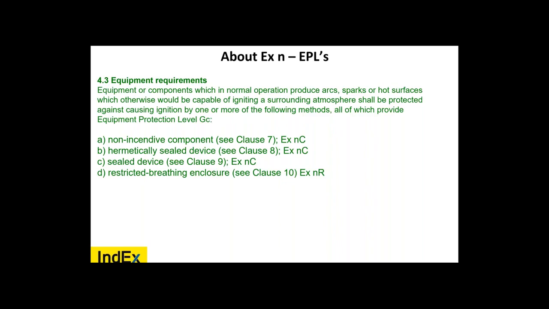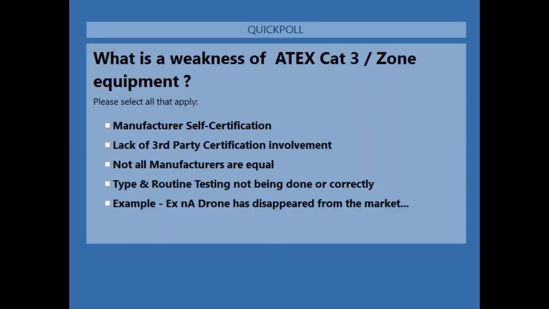Now, let's ask you a question. What is or are the weaknesses of ATEX Category 3 Zone 2 equipment? Multiple choice. Read the fifth one. That's an interesting case. There used to be the only EX drone on the market, which was EXNA, ATEX only.